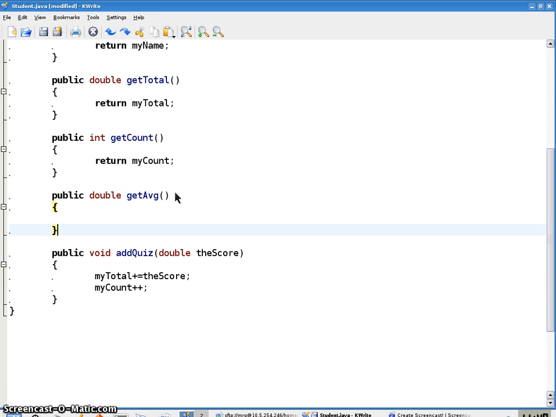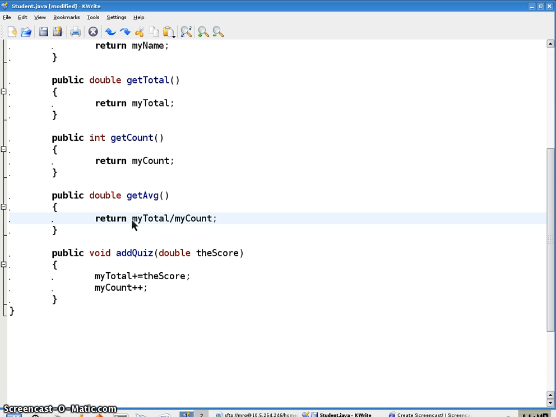And what do you do here? Well, that would presuppose I have a naughty bit for my average. I don't need one. Nope. My total divided by my count, right.